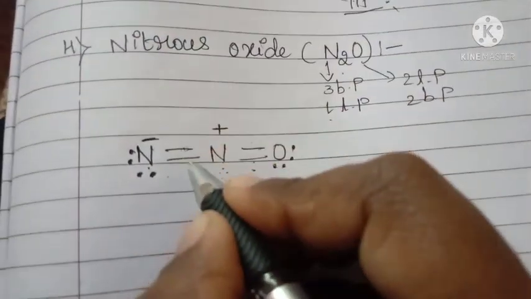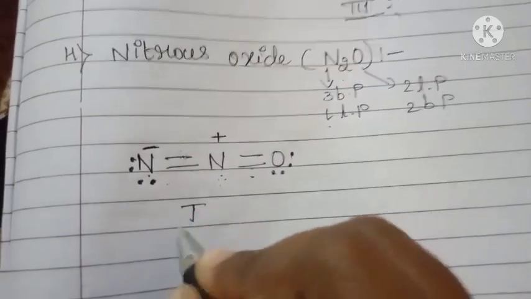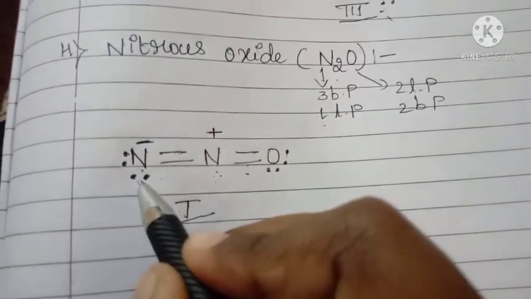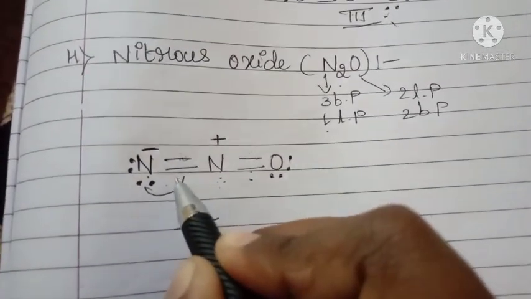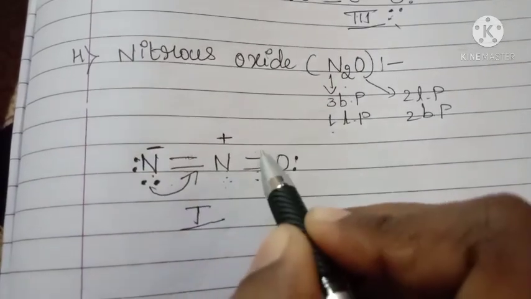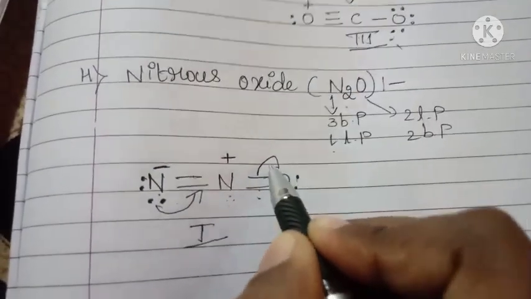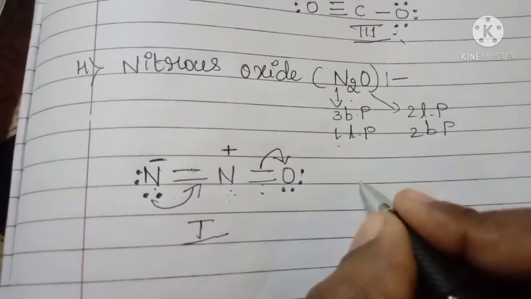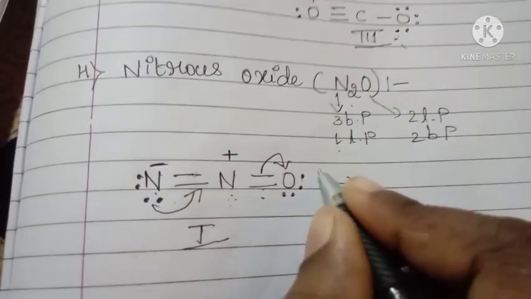Next, here there are 3 resonating structures. The first one is like that. Here in this bond, a lone pair of electrons should be converted to a bond pair, and this bond pair is converted to a lone pair.